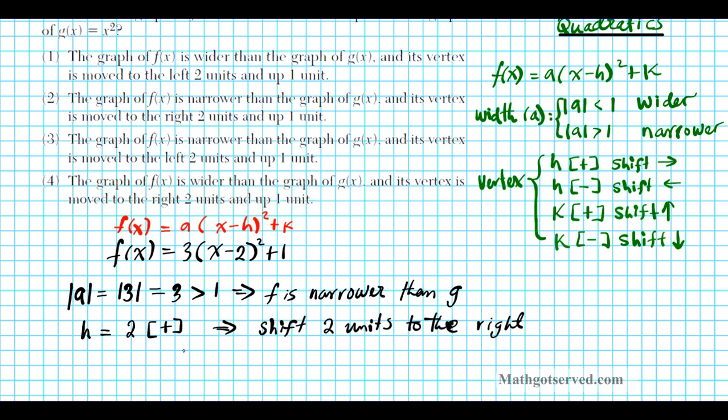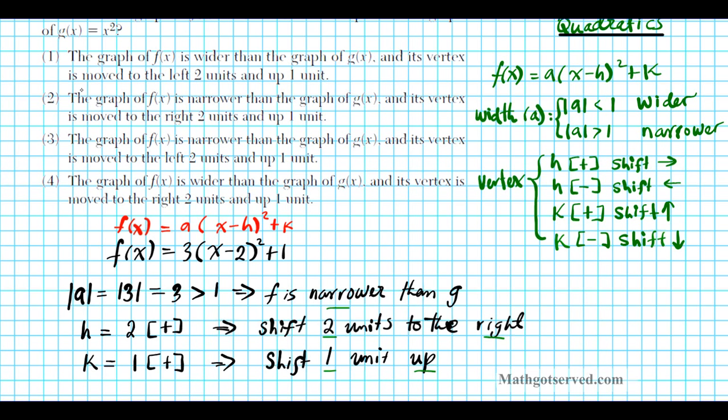And then how about K? K is equal to 1, which is also a positive number. So what does that tell us about the vertical shift? You're going to shift 1 unit up, okay? 1 unit up. So what we're looking for is narrower, 2 units to the right, and 1 unit up, okay?